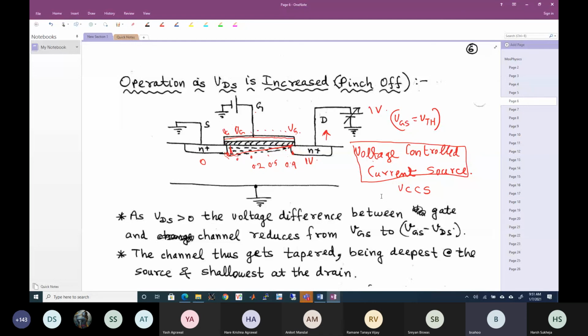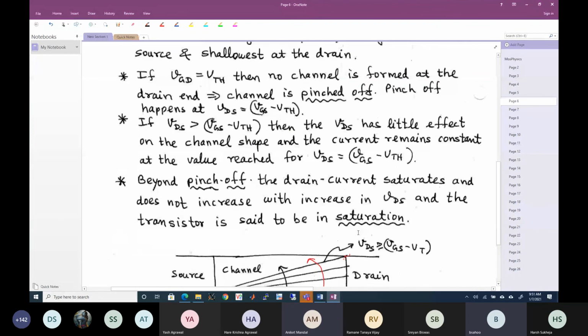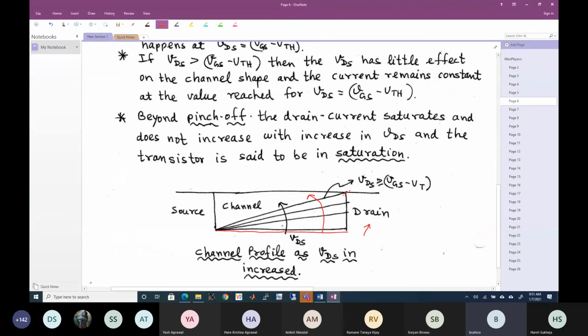Yes. So if we increase the VDS further after VGS minus VTH, then the channel would pinch off further away from the drain, right? Yeah, that I was getting to after some time. The pinch off point keeps moving closer and closer to the source, and at that time we say that the electrical length of the channel keeps on reducing.